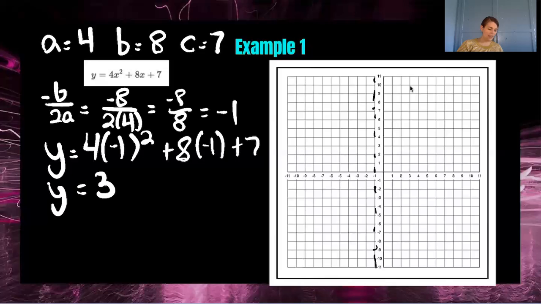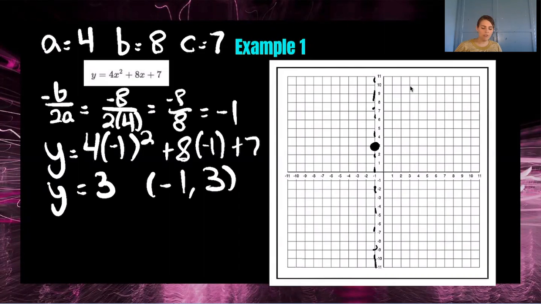So what that tells me is that my vertex is at negative 1, 3. So I'm going to go to negative 1, I'm going to go up to 3, and right here is where the bottom of my parabola is.